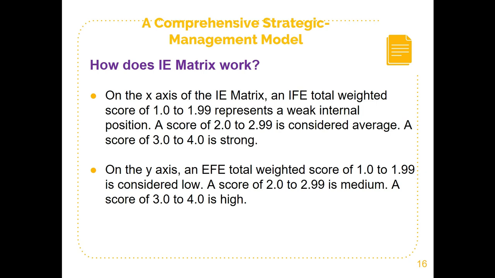A score of 3.0 to 4.0 is strong. On the y-axis, an EFE total score of 1.0 to 1.99 is considered low. A score of 2.0 to 2.99 is medium, and a score of 3.0 to 4.0 is high.